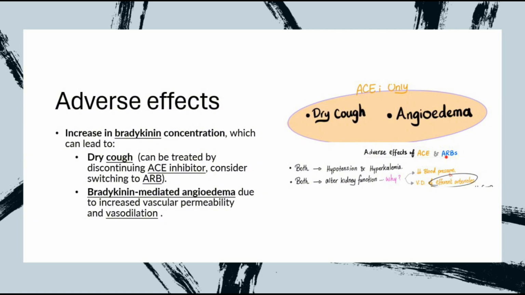Only ACE inhibitors will cause dry cough and angioedema. ARBs won't cause this. And adverse effects of both ACE inhibitors and ARBs are hypotension, because they are used to treat hypertension.